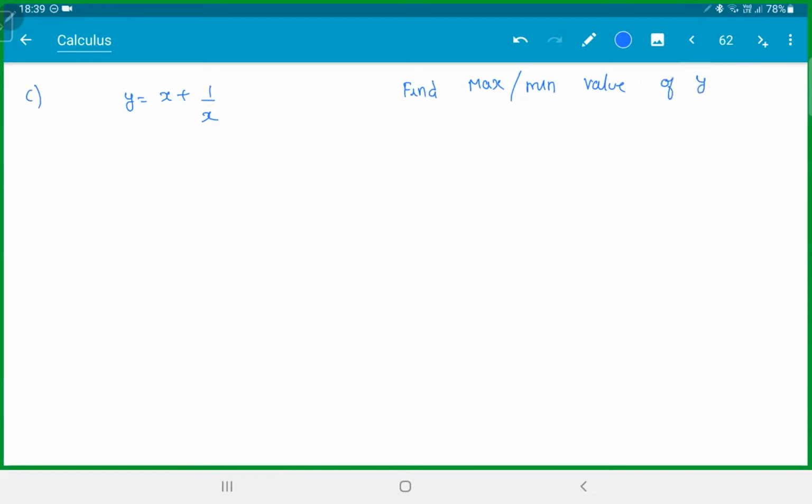This will be interesting. Get this one, everyone. y is equal to x plus 1 by x. Find the maximum and the minimum value.